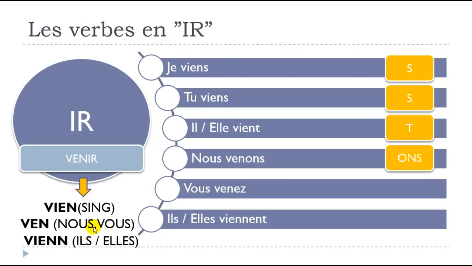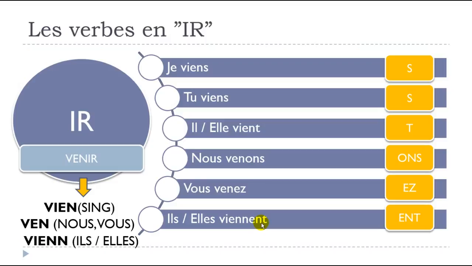But then for nous and vous, you put this VEN, and you add the ending ONS for nous, EZ for vous, and you get nous venons, vous venez. And the last part, remember, for il, elle, you put back this V-I-E-N, and you put the ending ENT, and you'll get ils viennent, elles viennent.